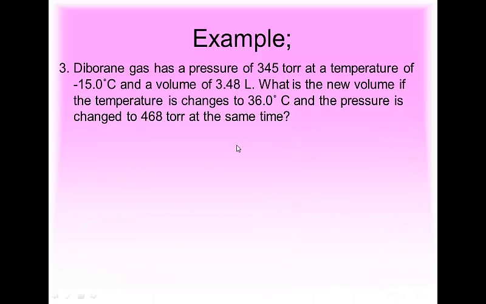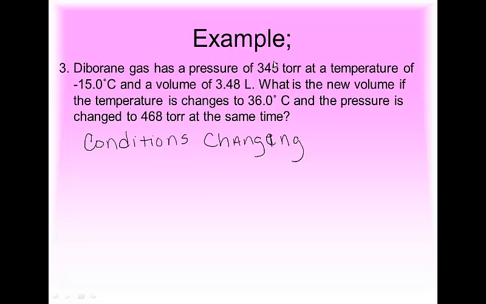Next example. Diboron gas, pressure 345, temperature, volume. What's the new volume? So this is a change in conditions. Let's see what's held constant.